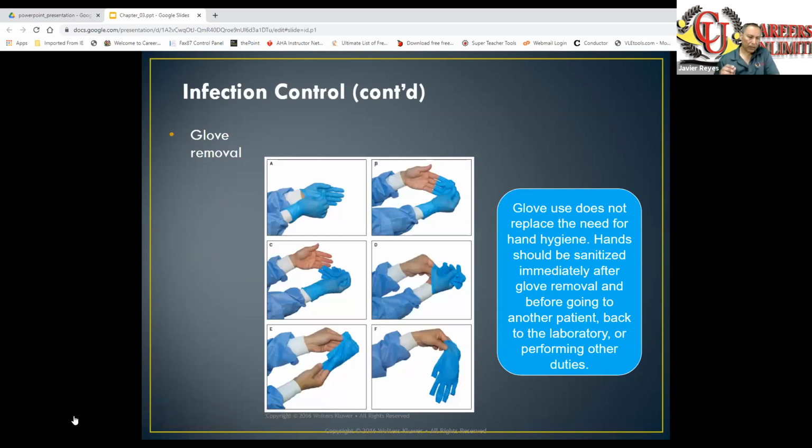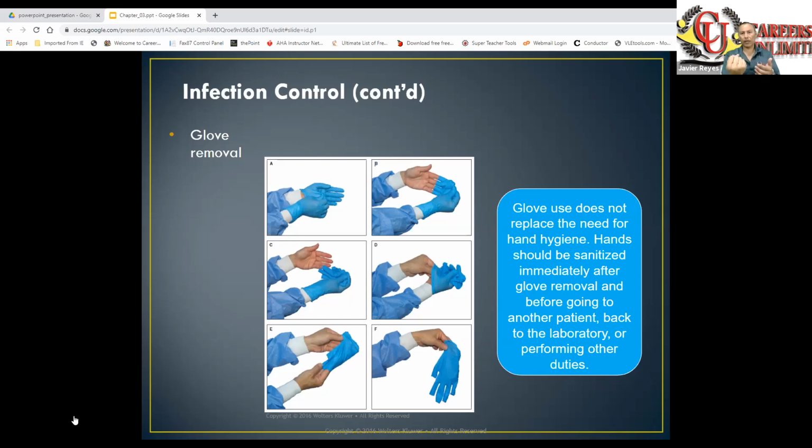Okay. Very important that you know how to put on and take off your gloves. So to remove your gloves, guys, always make sure you have your gloves on. Let's say your dominant hand, you're going to pinch the glove from the middle of your opposite hand, and slowly peel it out of your hand, and roll it into a ball. Right?